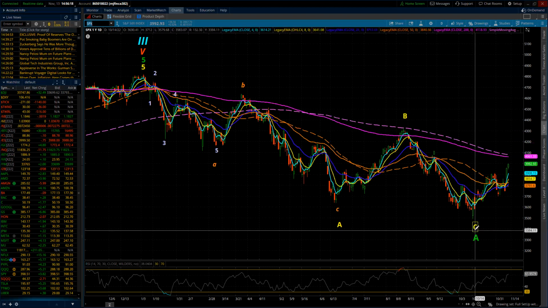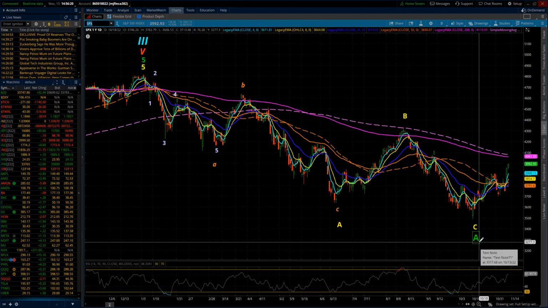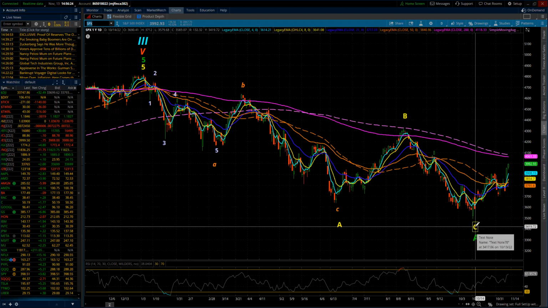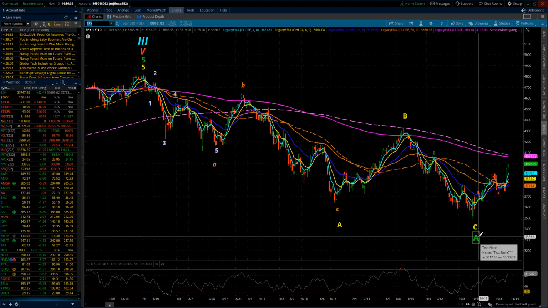It finished intermediate wave C, but then primary wave A. Instead of this being intermediate wave 1 of primary wave C, we're going to back it up. By saying that this is primary wave A, it puts us into a position where we are now going to be tracing, or in the process of putting in, a primary degree B wave.